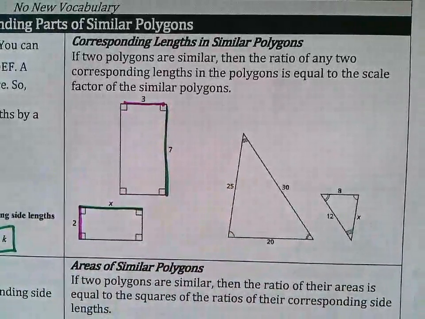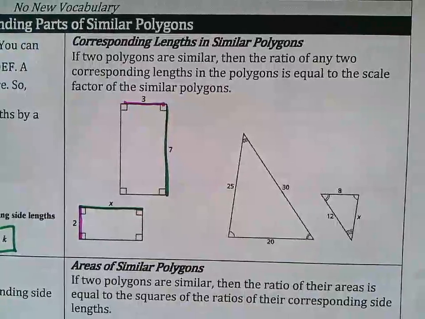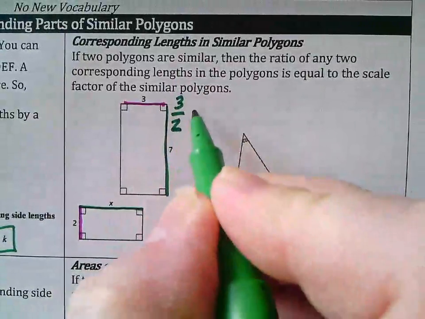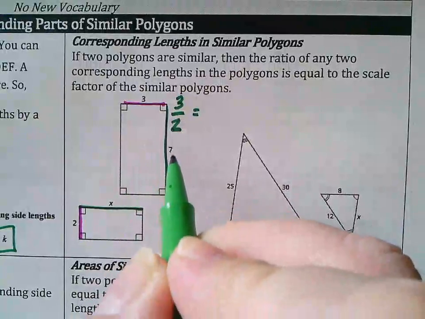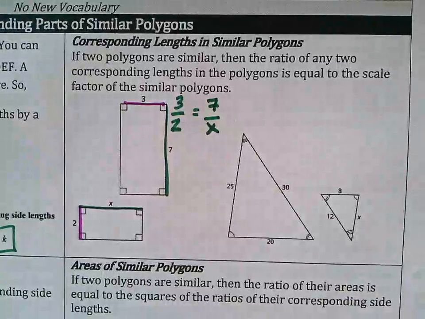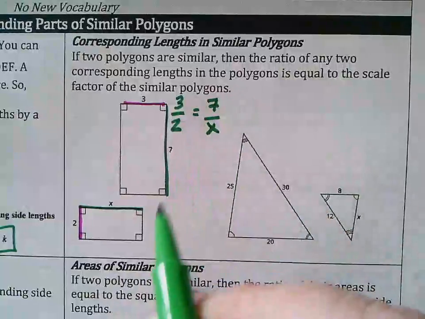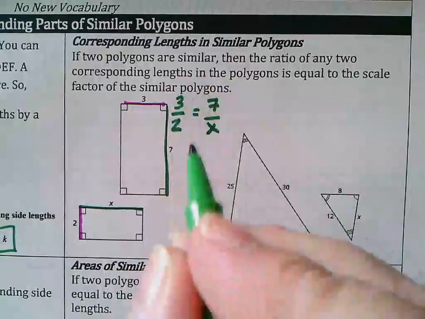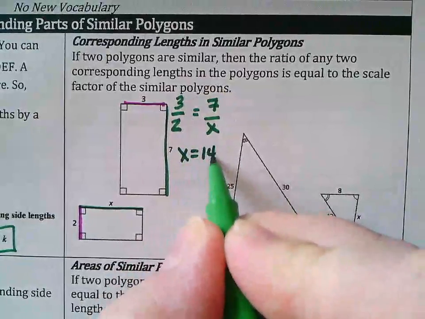So if I wanted to set this up as a ratio to solve for x, I can say 3 over 2 is equal to 7 over x. And I can set up a proportion and solve it. So if I was solving this one in particular, this would be 14 divided by 3, so x is equal to 14/3.